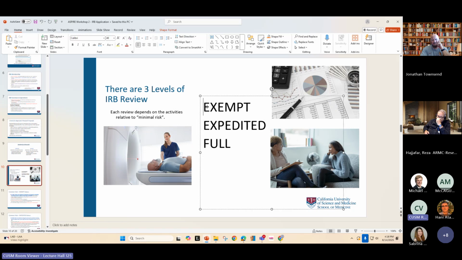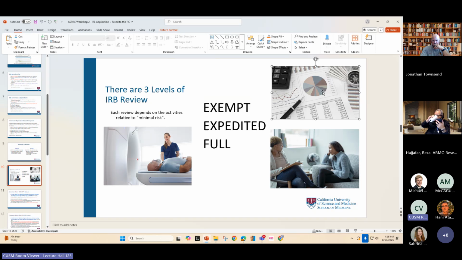Just because a review is exempt does not mean you don't have to go through an IRB review. What this means is that you're exempt from certain types of review. For example, the first picture here on the top right, a lot of data, numbers, data that's already been collected.